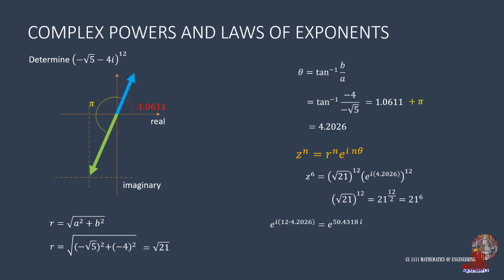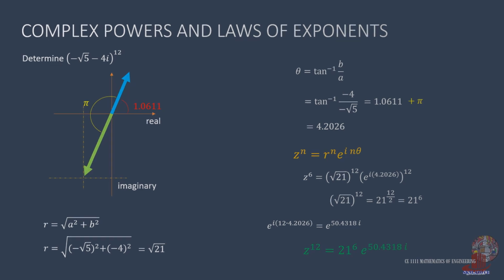The other part is e raised to i times 12 by 4.2026, which is simplified as e raised to 50.4318i. So z raised to 12 is 21 raised to 6 times e raised to 50.4318i.